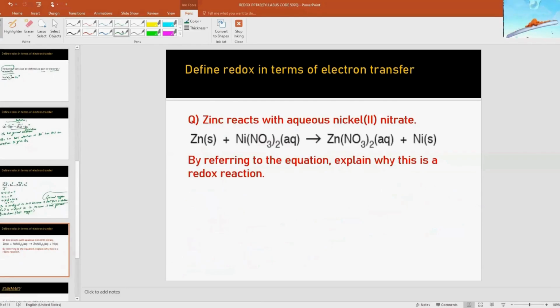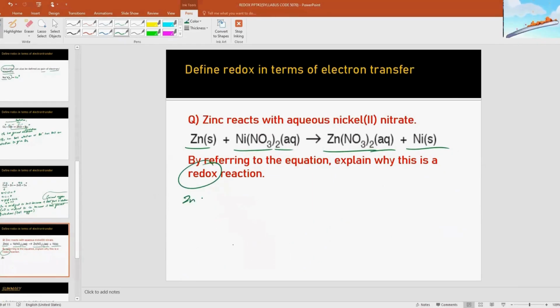Zn reacts with aqueous nickel(II) nitrate. This is the reaction equation. Zn solid, Ni(NO3)2 aqueous, Zn(NO3)2 aqueous, Ni solid. By referring to the equation, explain why this is a redox reaction.